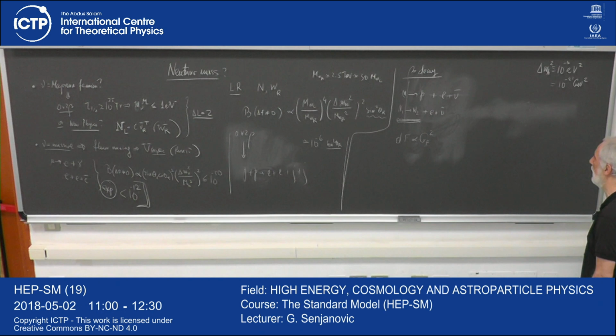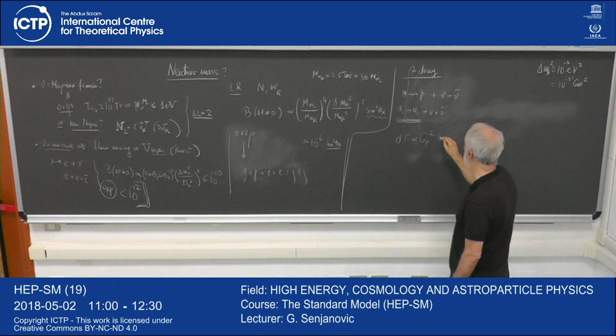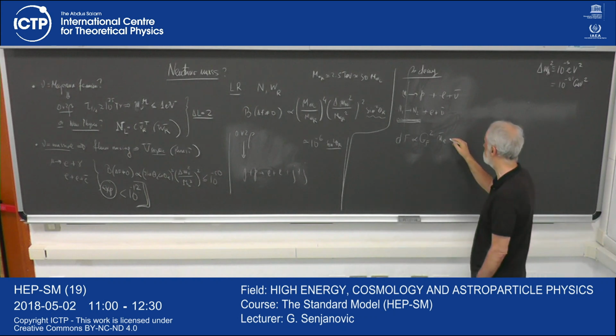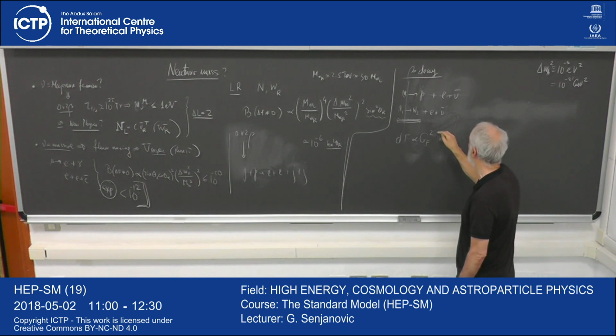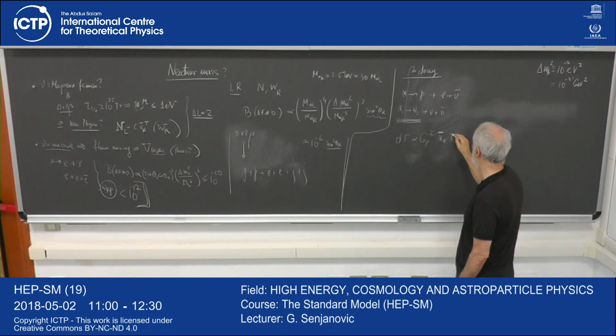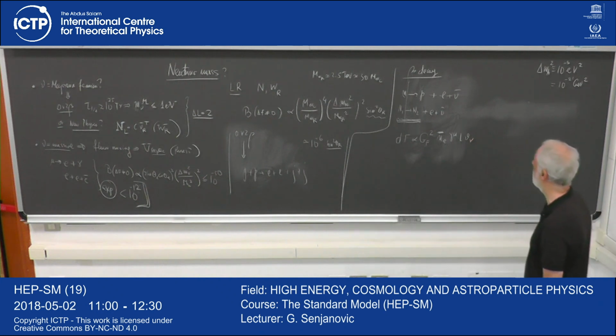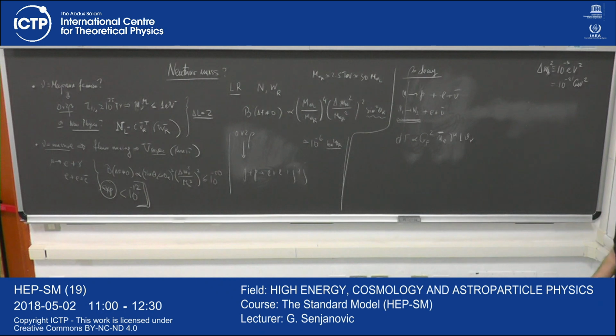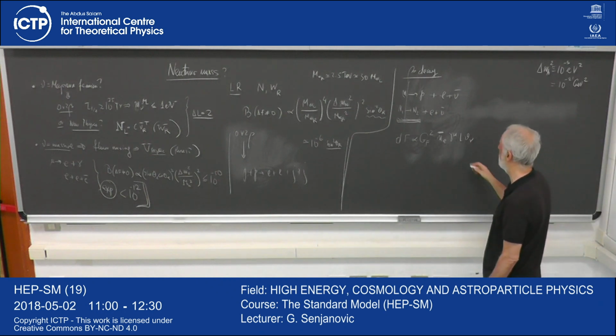Then we will have ū electron, and what you normally have is gamma mu L, v neutrino. The matrix element squared you would have.